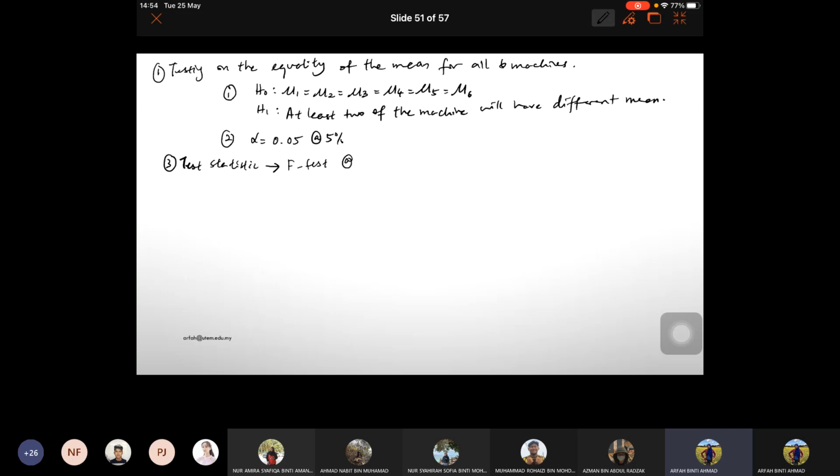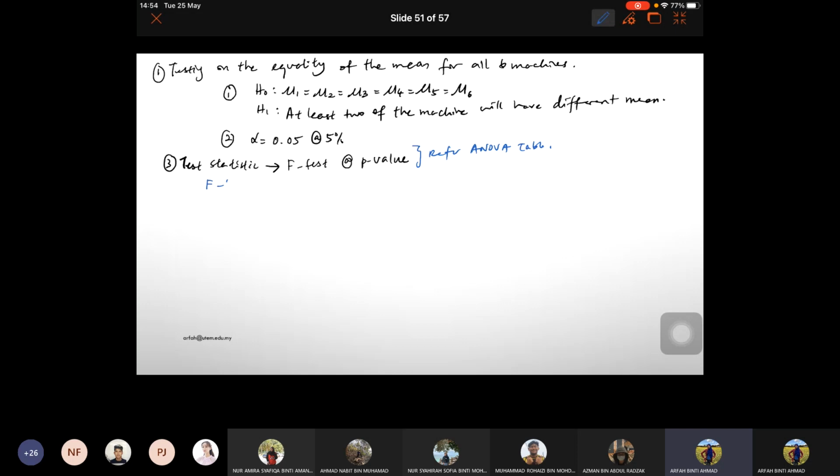We will see the test statistic based on the value of P. Betul Rohaili. Atau guna P value. Okay. So for this one, refer Anova Table.